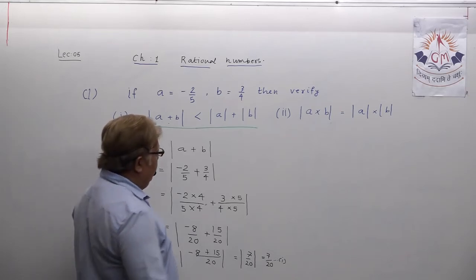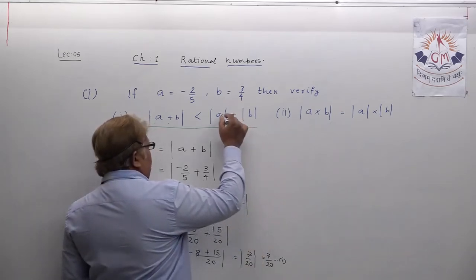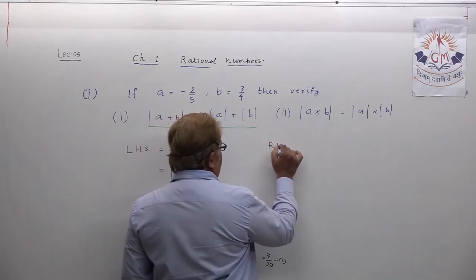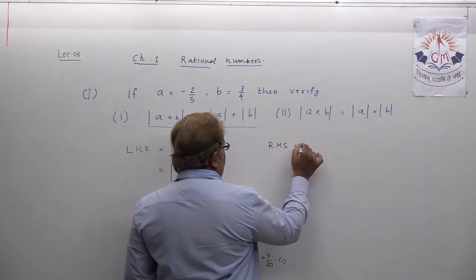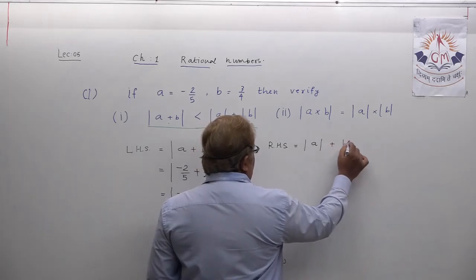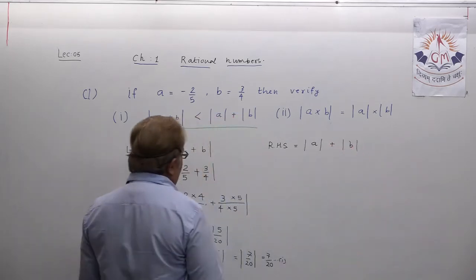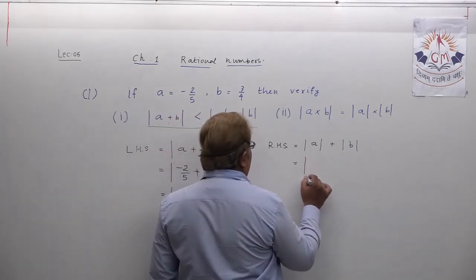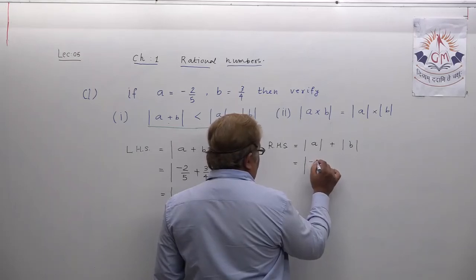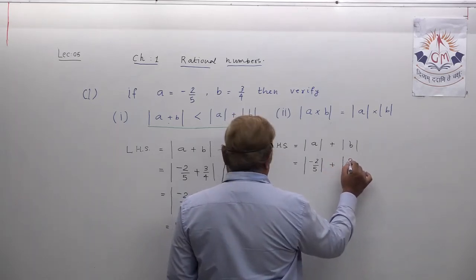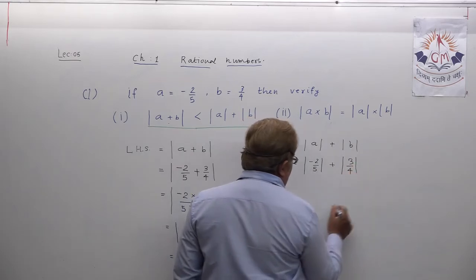Okay. Let us now try to obtain the RHS. First you write the RHS. It is given modulus A plus modulus B is equal to the value of A, minus 2 upon 5, plus the value of B, 3 upon 4.